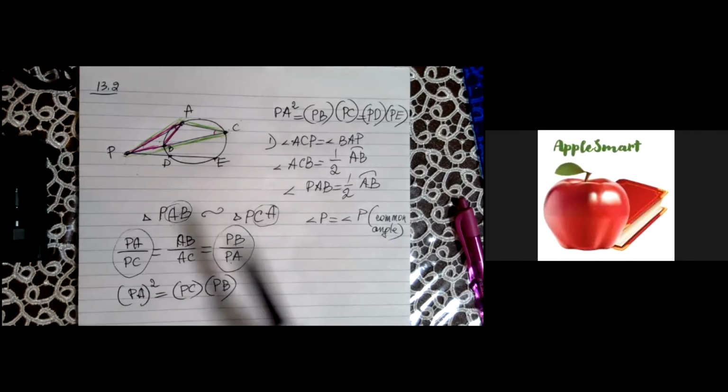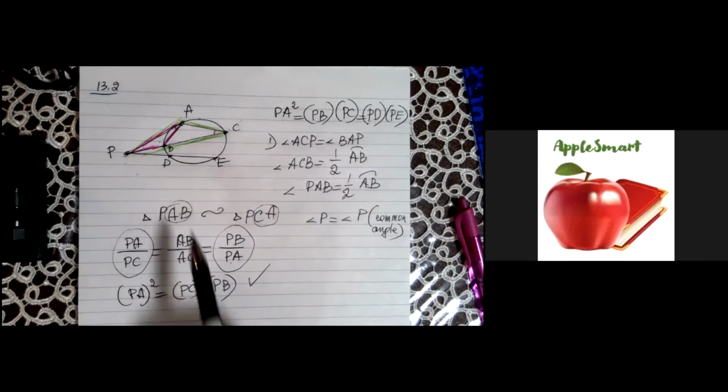So let me see. We have PA over PB, PC, and PA. Yeah, we do have that. And that makes this. So this is proven. This is good. Now, PD times PE is equal to PA squared.